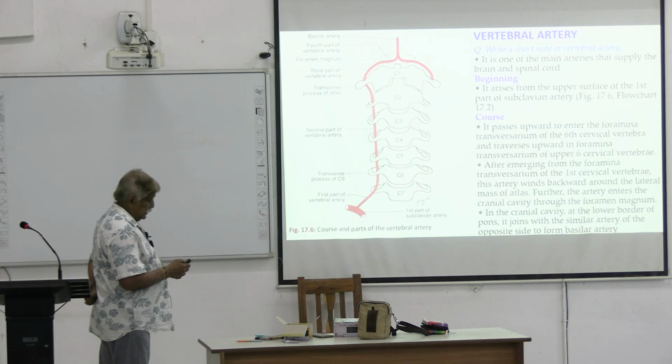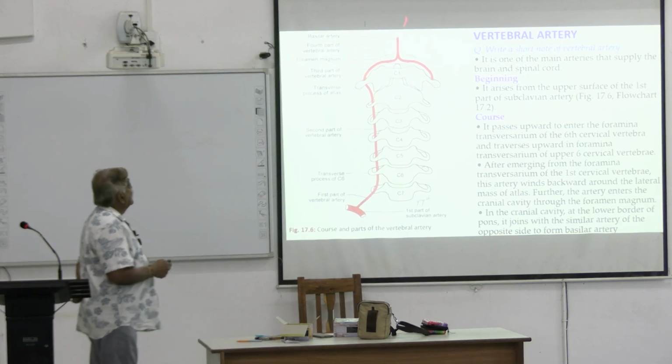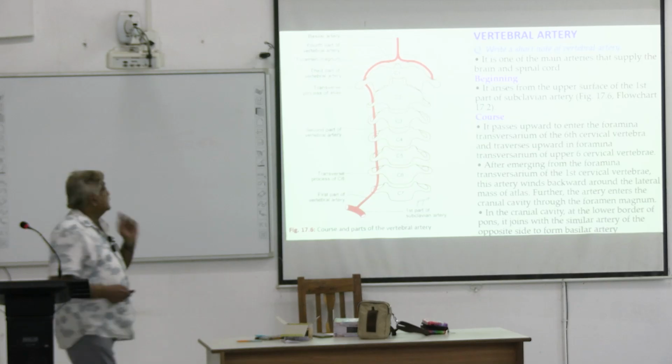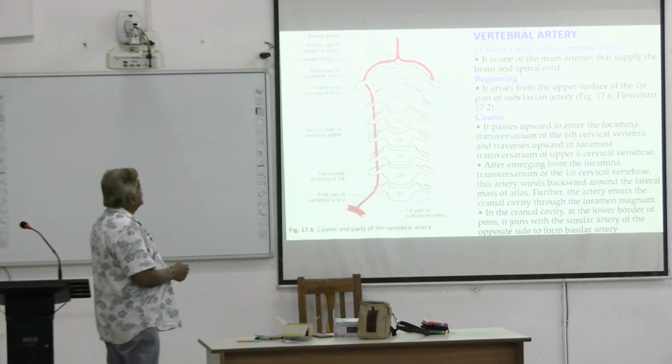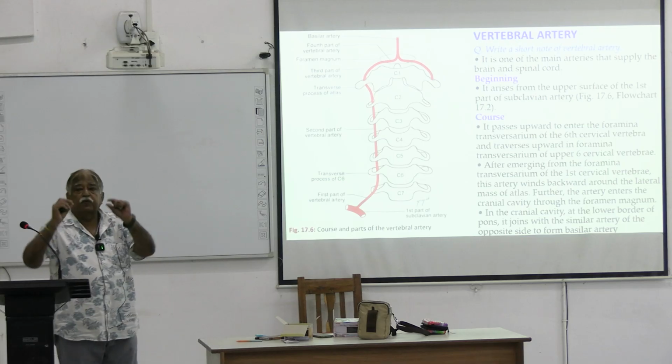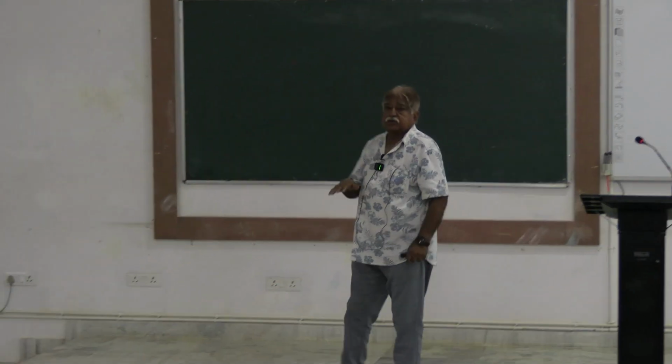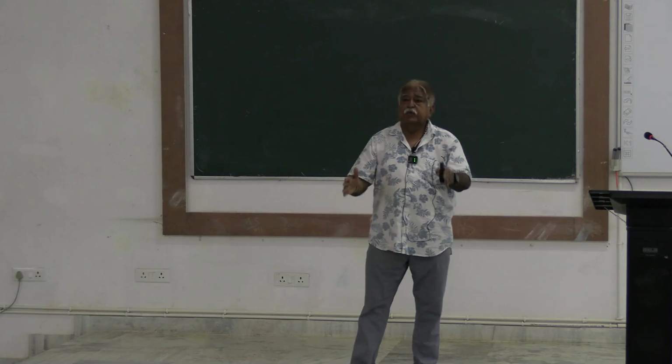Now, this figure you must know, and the uniqueness of the cervical vertebra, it is having a foramen. In the practical class, in osteology, a tray of bones will be there.